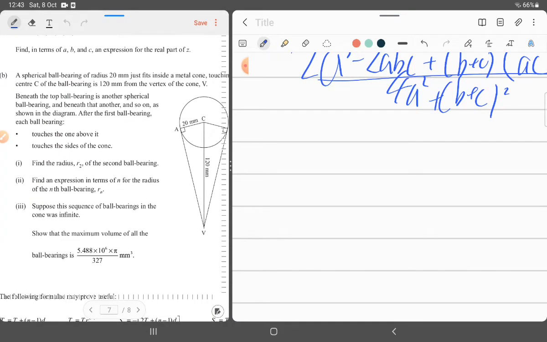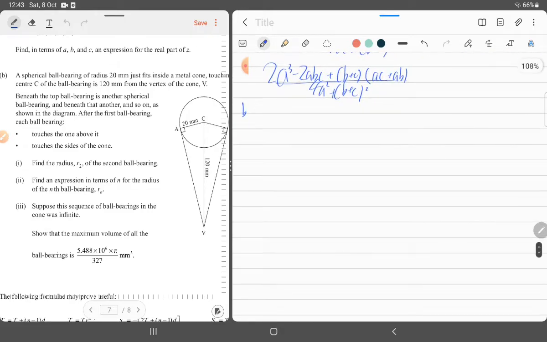Okay, I have done this before, so spherical ball bearing of radius 20 millimeters just fits. Okay, so B. Let's just redraw this real quick.